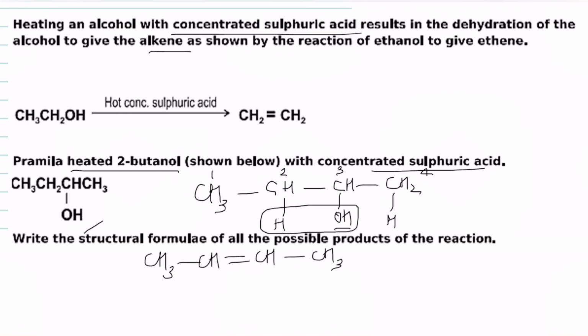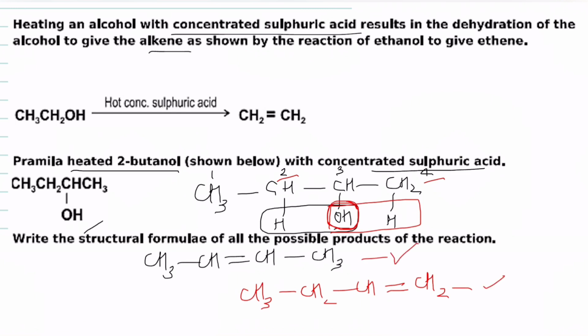But if the OH from the third carbon and H from the fourth carbon goes, then you would get CH3, CH2, CH double bond CH2. There is no other possibility, right? Because OH from the third carbon has to go, and then one hydrogen from the adjacent carbons, which is either 2 or 4. So these are your two possible products.